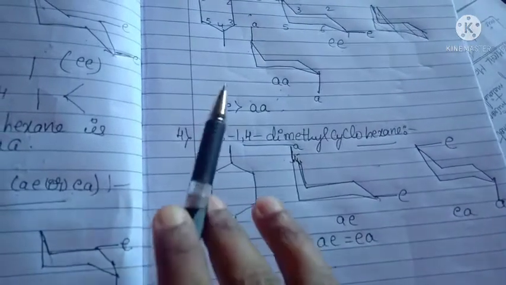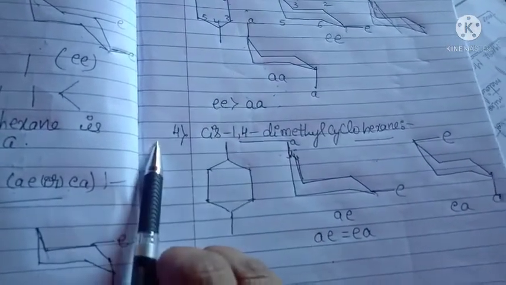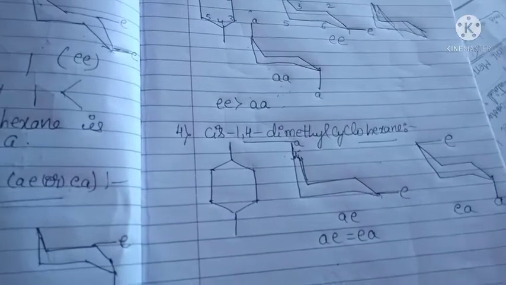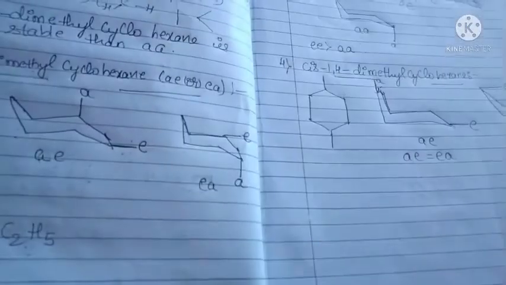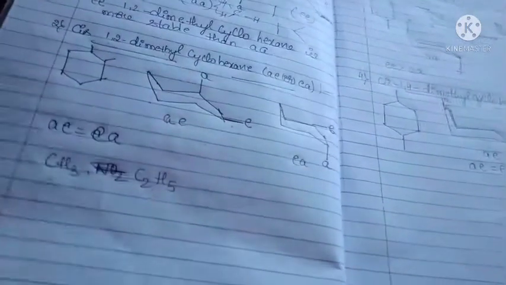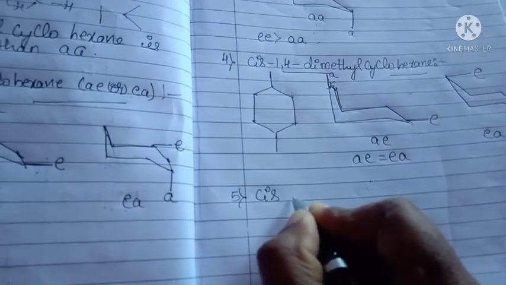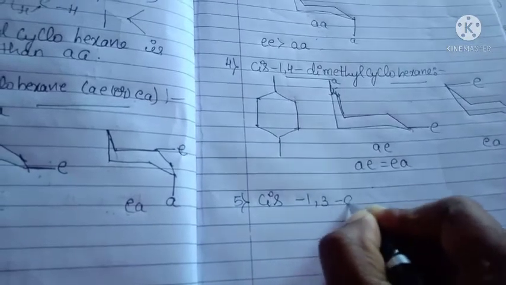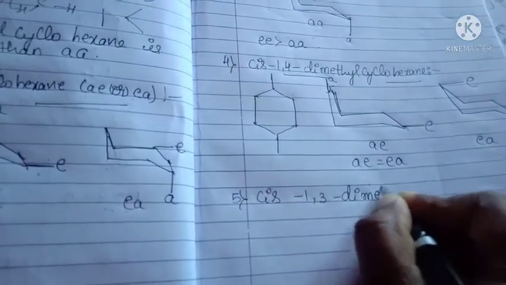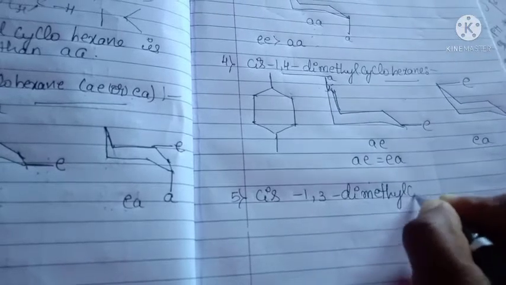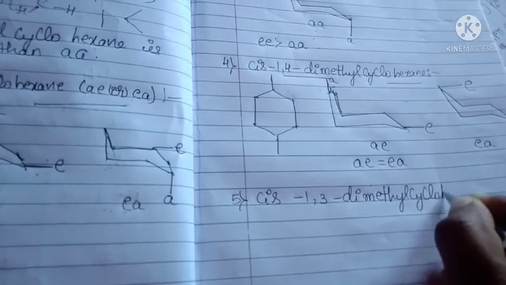This is all about the trans and cis 1,4 position. Next is 1,3. The fifth one is cis 1,3 dimethyl cyclohexane.